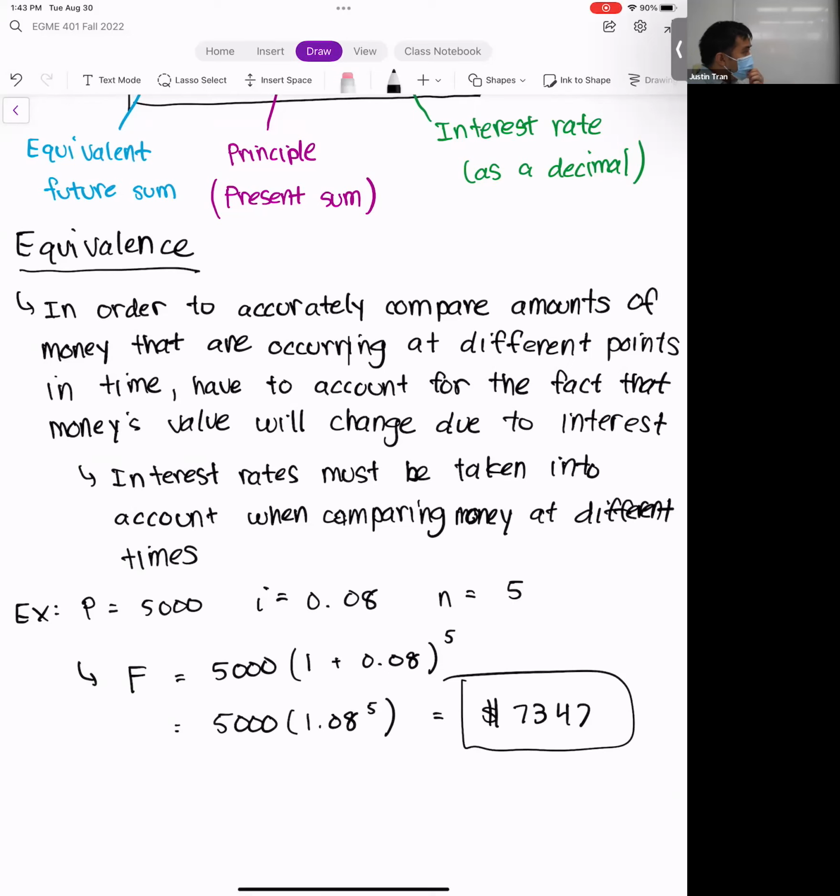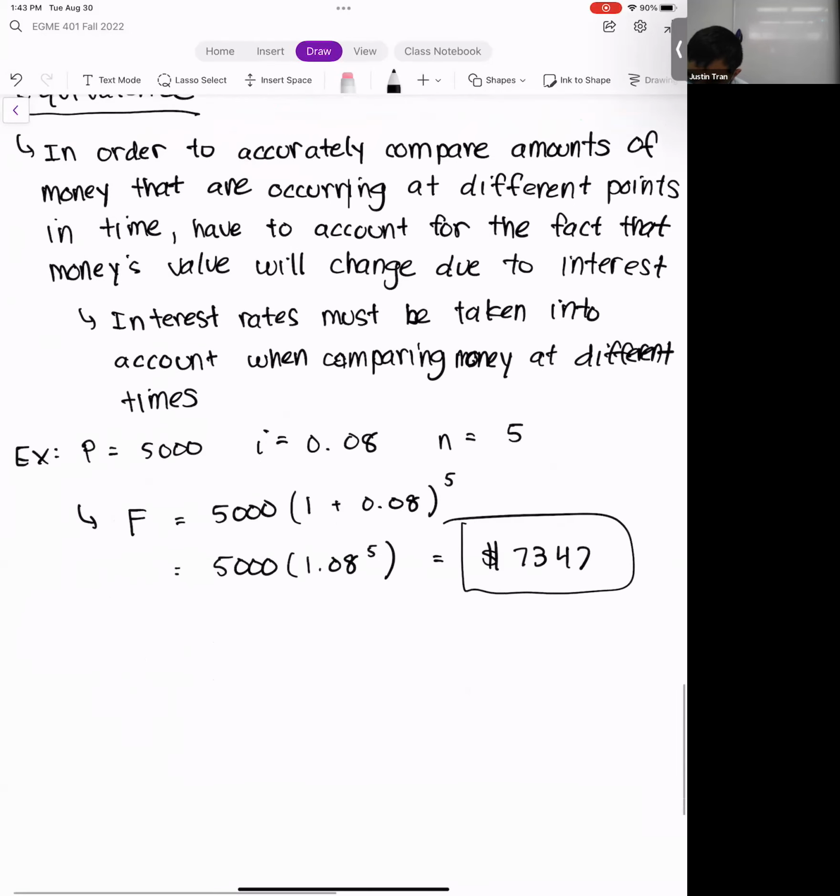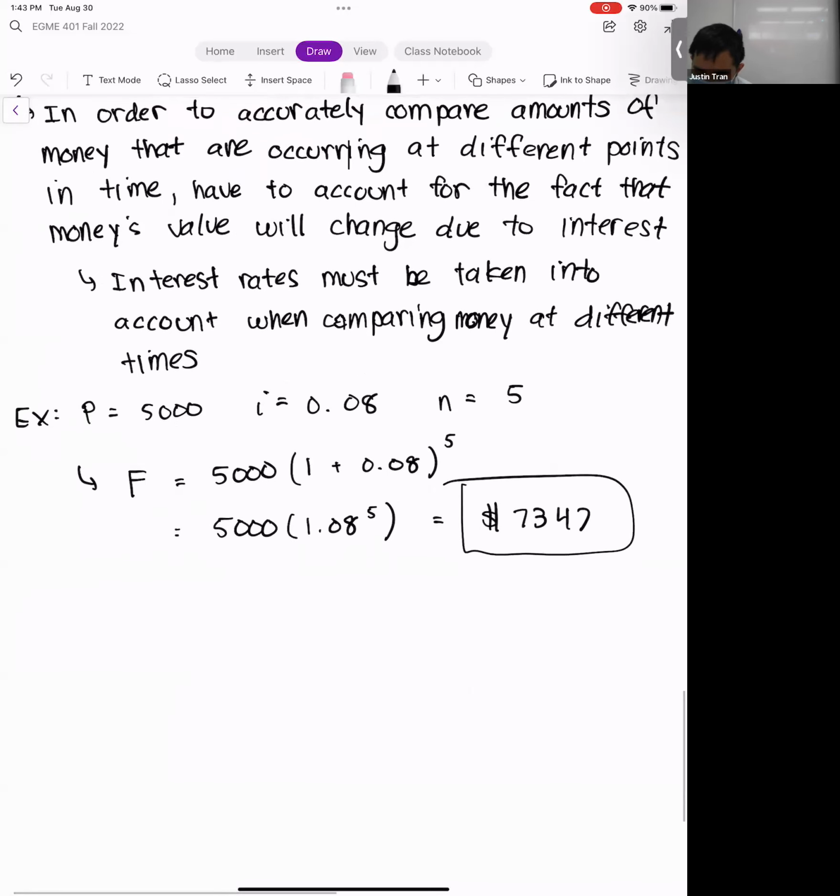So let's tie this example into this concept of equivalence. For this example, we have basically two sums of money, right? We have the $5,000, which is the original amount that you loaned your friend.